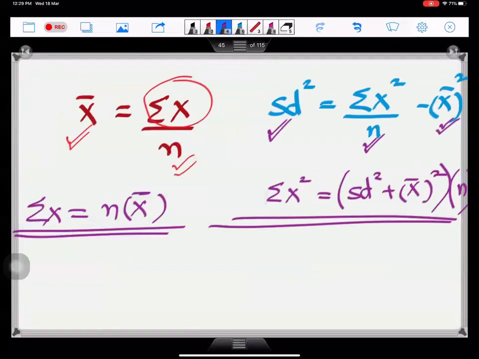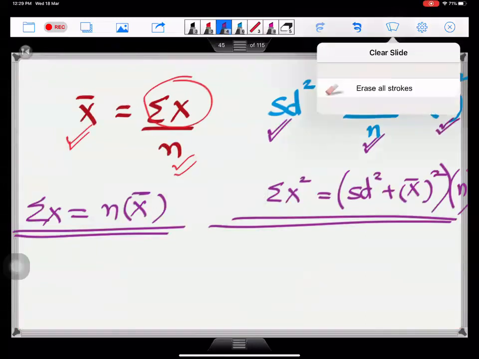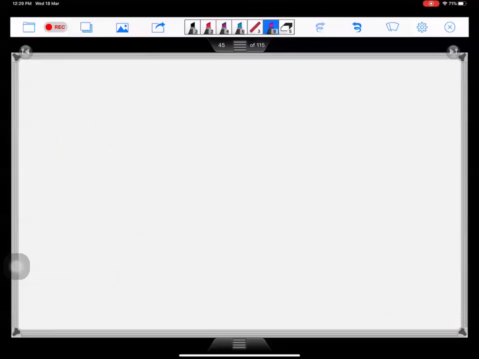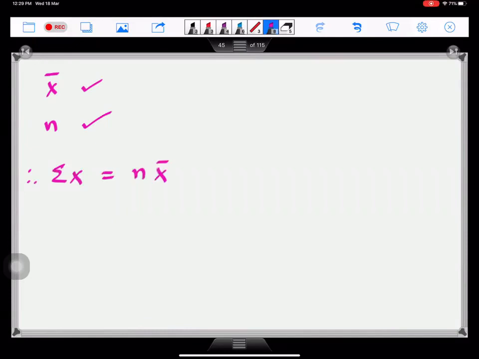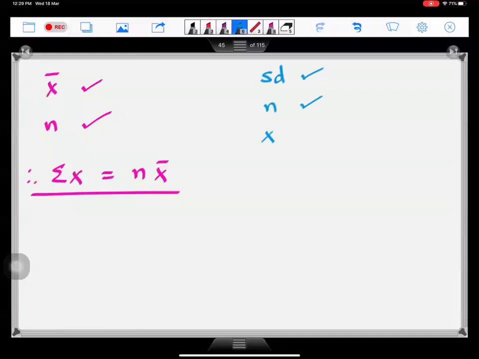Now, in the next question, in some question, they might have given us the mean and the number, and they are asking for sigma x. So you would say sigma x is n multiplied by x bar. Maybe in some question, they have given us the standard deviation, the number, and x bar, and they are asking for sigma x square.